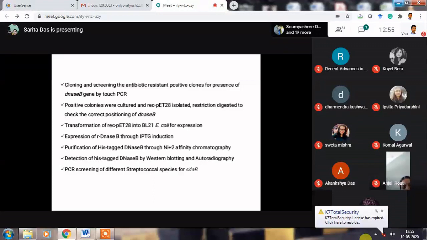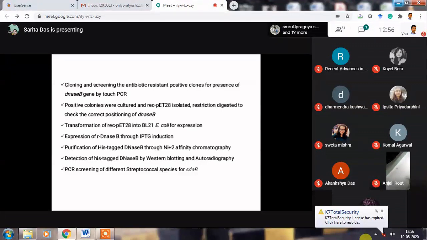Once production is over and it is expressed within the BL21 system, the next step is the purification of the His-tagged protein. For that, once it is in the culture, you need to centrifuge it, get your pellet, and then the pellet is lysed with lysozyme.